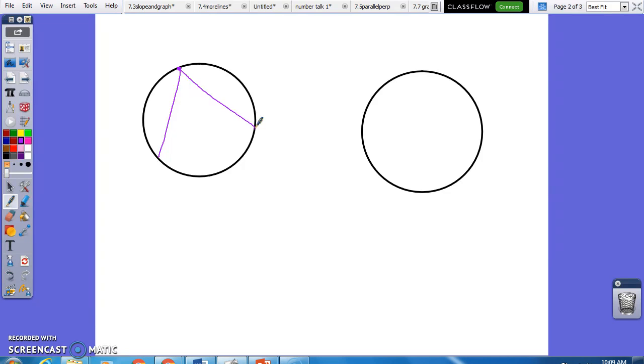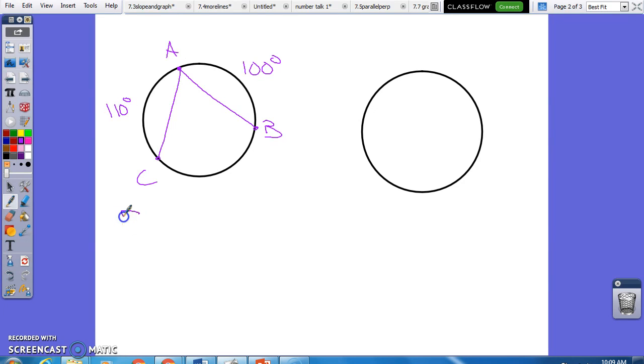We'll say this is going to be point A, point B, and point C. We'll just start with a single angle here. Let's say this arc AB is 100 degrees, and arc A to C is 110 degrees.